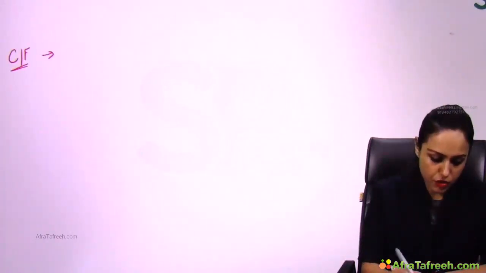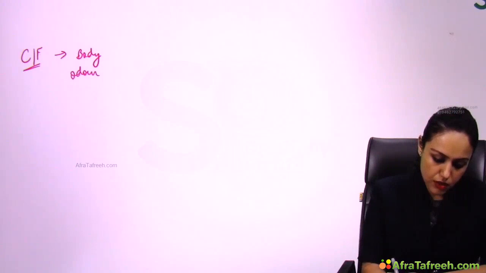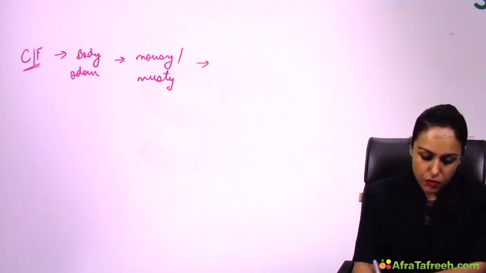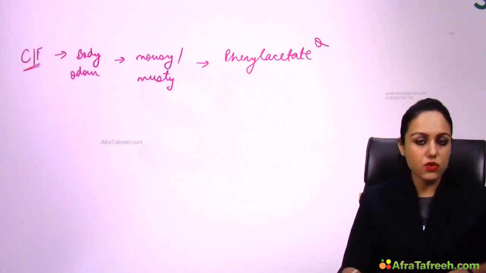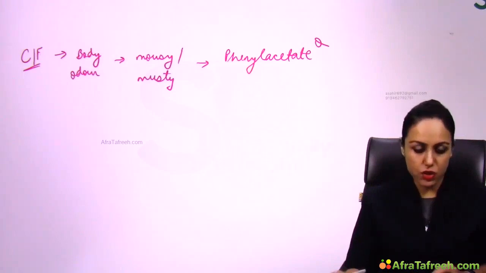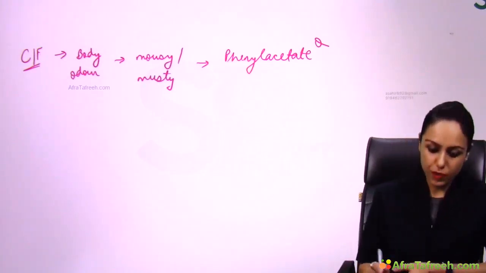So the clinical features of these patients: the body odor is mousy or musty odor, which is because of the compound phenylacetate. So you have to learn this, that phenylacetate is responsible for the mousy or musty odor of the body in these patients.